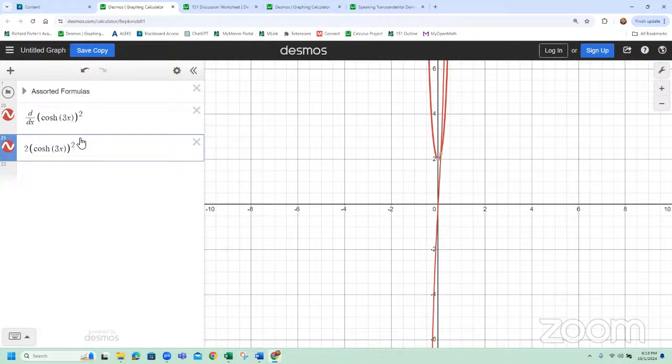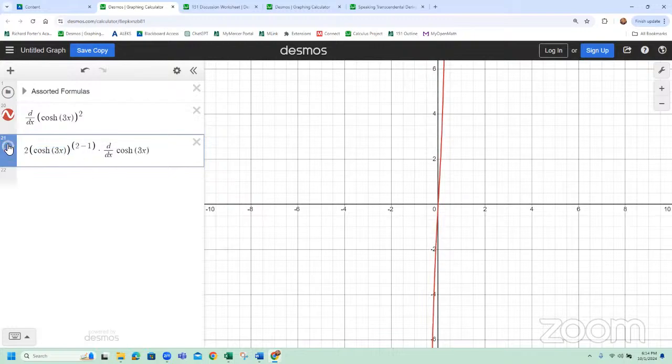What rule am I using to do that? Anyone? What rule am I doing here? Power rule? Thank you, Alicia. It is the power rule. But now I have to multiply it by the derivative of the inside. Just this.